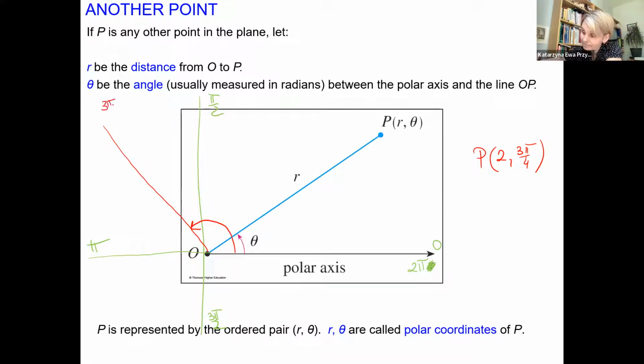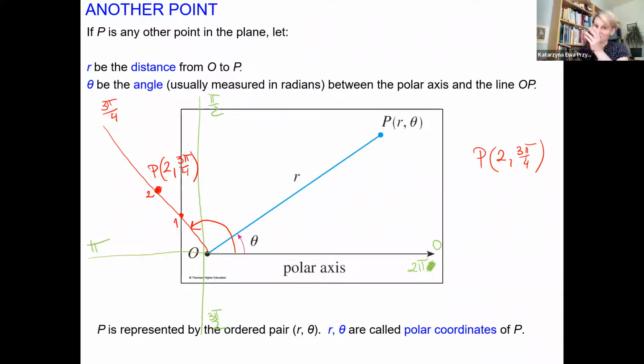And 2, at the moment we don't know, let's say these are the units 1, 2. That means this is the point: 2 units from the pole on the angle 135 degrees, which is 3 pi over 4. This is the point.